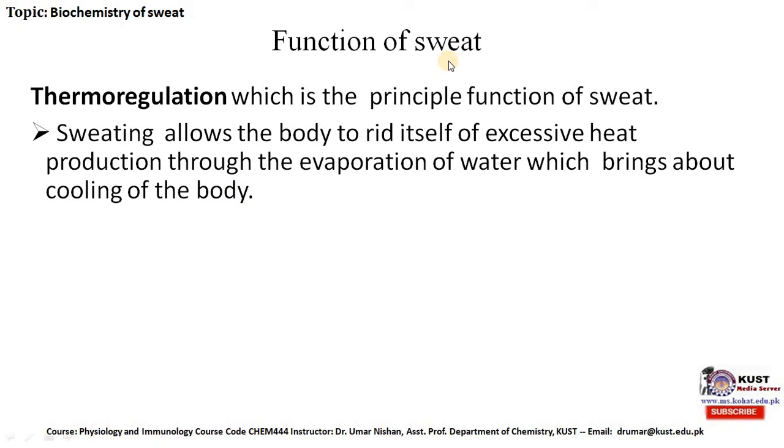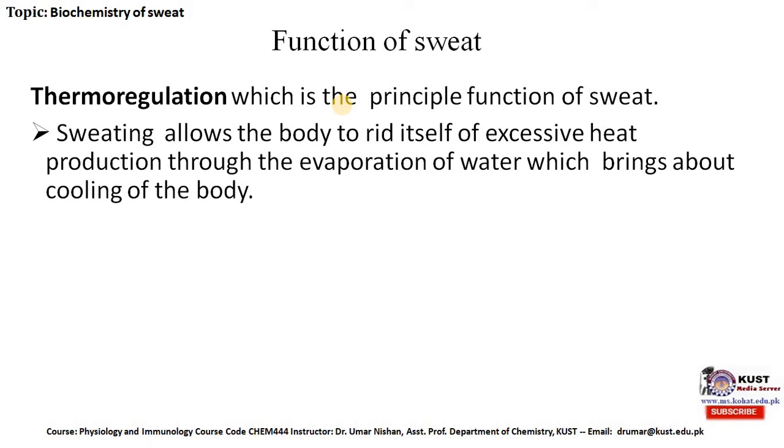So this is why sweat production is so important, because when the outside temperature is hot, our body produces sweat and it evaporates from the body, and in this way it produces a cooling effect, and it helps to maintain our body temperature at a certain level, like 37 degrees C, which is the normal body temperature.